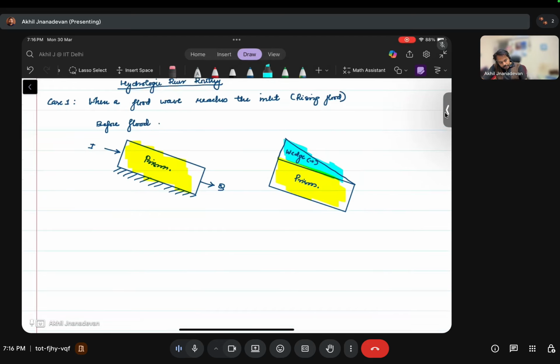And the other case, that is case 2, that is when a flood wave is receding.